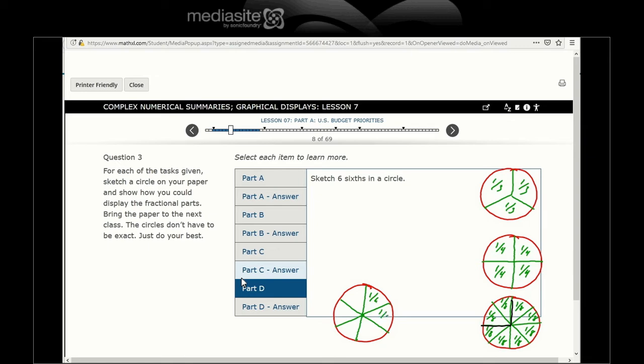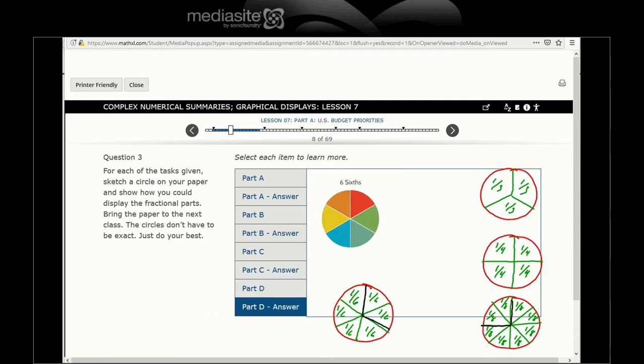One sixth, one sixth, and six sixths makes a whole. And again, two sixths makes a third. Pretty close for hand sketching.